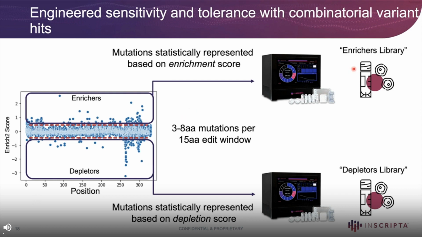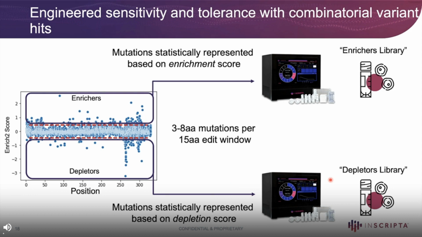So if you took the enrichers library, these mutations here, which have the greatest amount of enrichment, you would expect those to be the most greatly represented in the library. And then the opposite for the depleters library, such that these mutations here, which had the most depletion, these would be the most overly represented within the depleting mutations library.